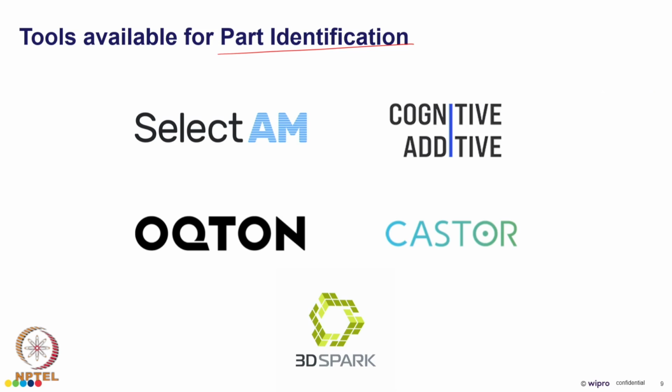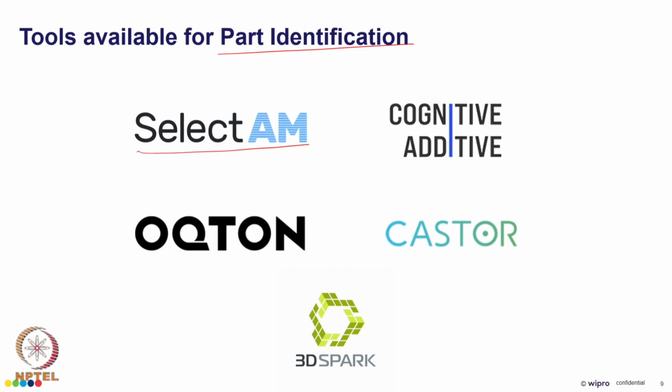Now, let us see how market players have implemented part identification in a software tool. One notable player here is Select AM. They have an approach which basically analyzes a CAD model and then assesses it with various parameters like lead time, lifetime savings, bounding box volume, maximum part dimensions, total cost per volume, minimum order quantity, and finally yearly demand.